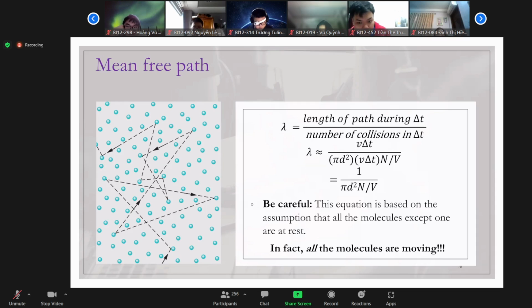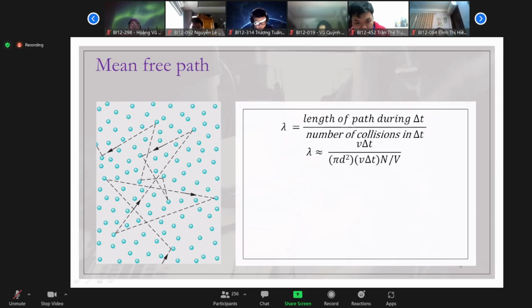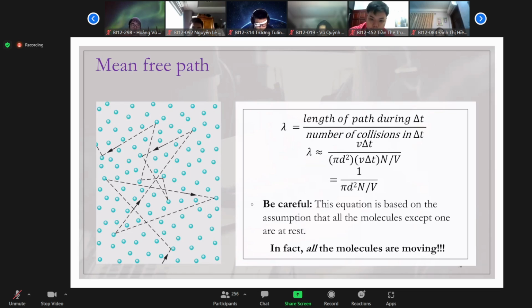Then we should consider this movement in our expression. How to do so? Here, we should rely on the mathematics.